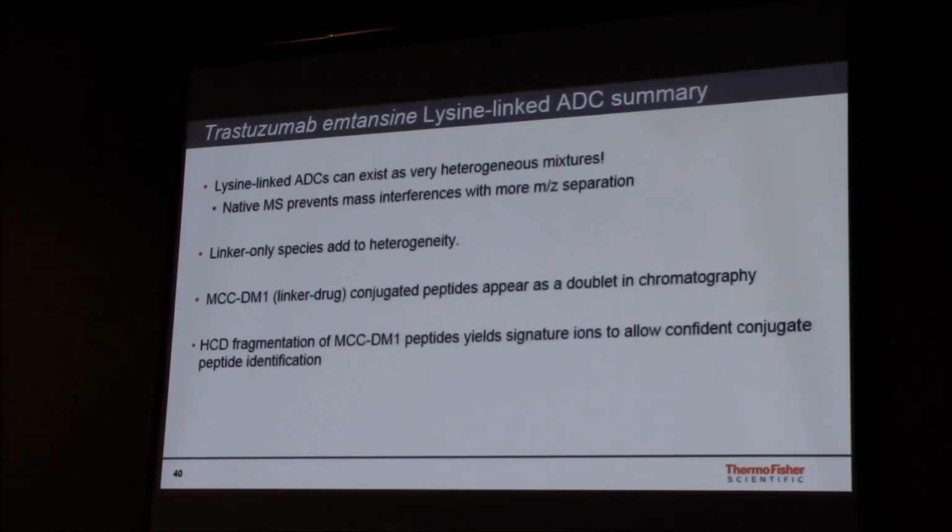So the linker-only species is actually part of what adds to this heterogeneity. And I think that's something to remember with these multi-step derivatization compounds, that there's likely other species that we didn't expect, and so these can be very, very heterogeneous. So the MCC-DM1 linker drug appears as a doublet due to the stereocenter, and HCD fragmentation yields signature ions that allow us to probe deeper and see what else we derivatized.